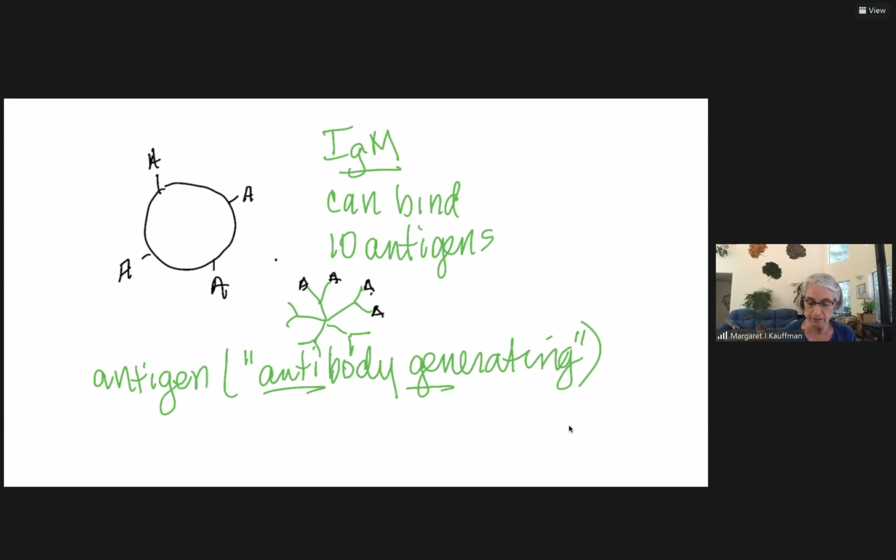That means that one of these IgM can bridge many red blood cells. So if each of these A's is on a different red blood cell, I mean, this scale is wrong, you can see it can bind quite a lot of red blood cells, plus this has got A's, so you could have another IgM over here also doing the same thing.